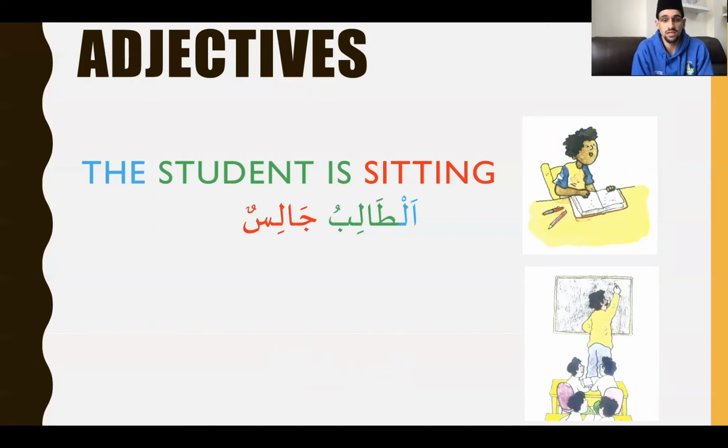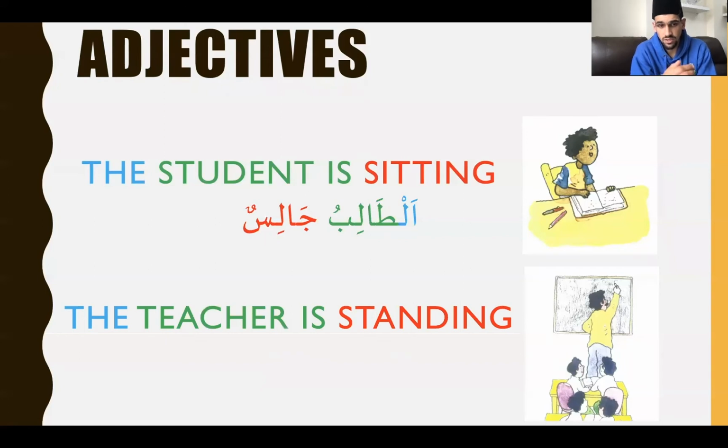So he's in a state of sitting. You might recognize this word as well, every year that we have our Jalsa Salana. Jalsa Salana meaning our yearly Jalsa, meaning a sitting. So here, الطالب جالس, the student is sitting.